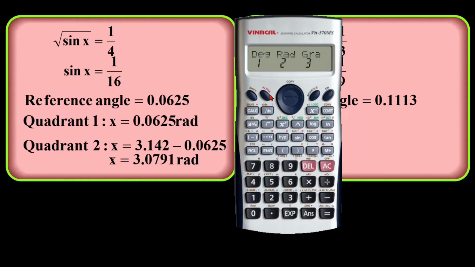For this question they want radian form, so the calculator mode is radian. You just press 2 and it will change to radian. If you want degree, you press and press and press, find degree, and press 1. Okay, so that is how you use your calculator.